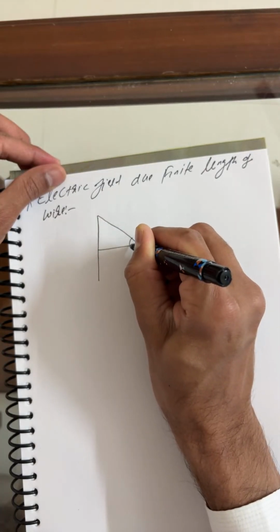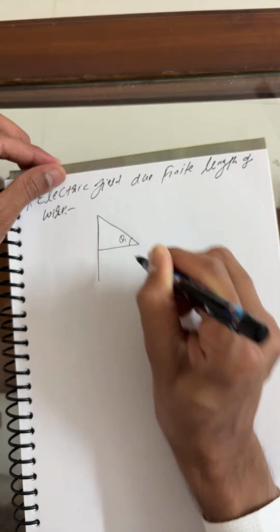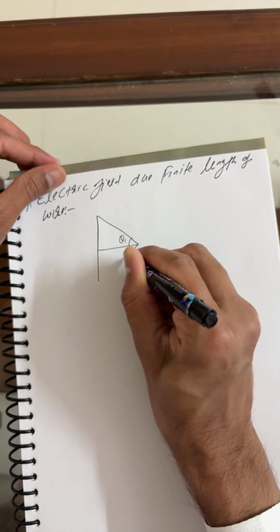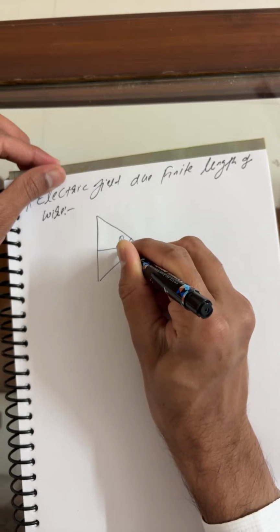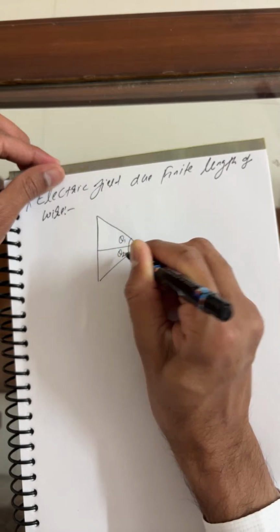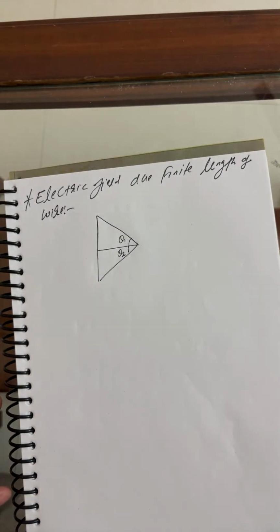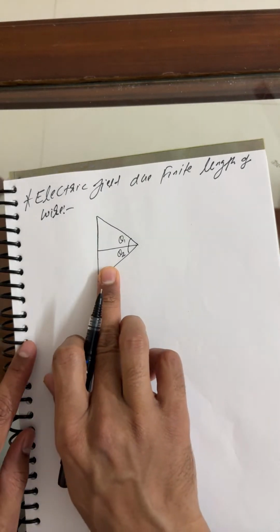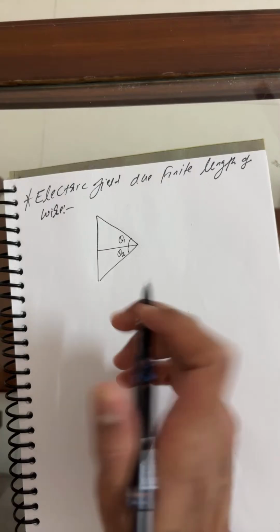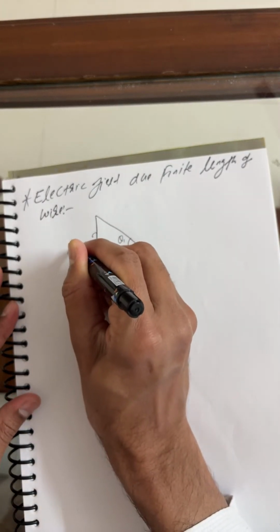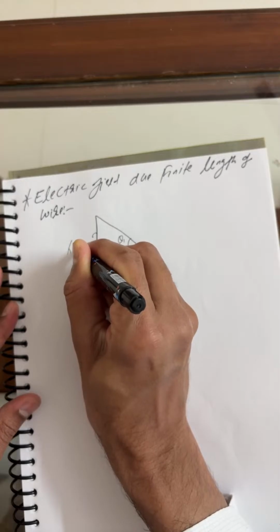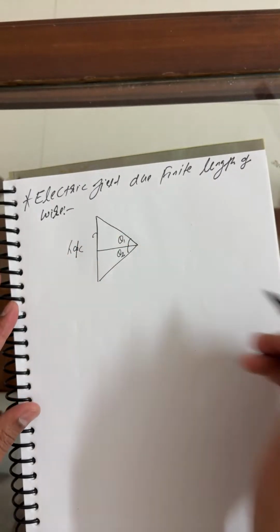This is theta 1, and this is theta 2. This formula is very, very useful. Here lambda is the charge per unit length, in coulomb per meter.